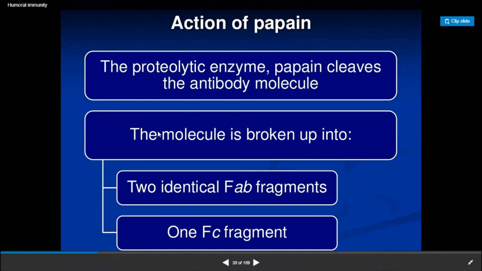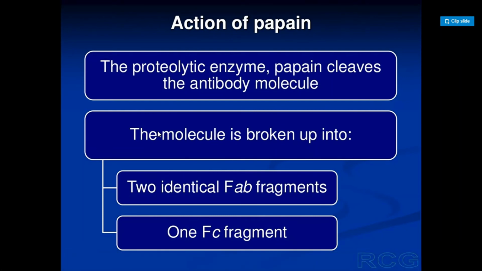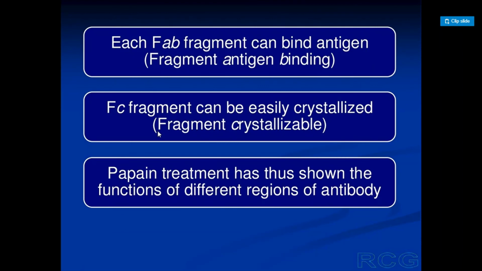Then some experiments were done to check the structure of the immunoglobulin, and they found that the action of papain, a proteolytic enzyme, cleaves the antibody molecule into two identical FAB fragments and one FC fragment. Each FAB fragment can bind antigen; FAB means fragment antigen binding, and FC means fragment crystallizable, which can be easily crystallized.